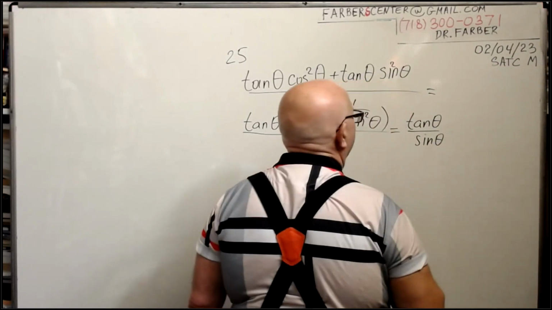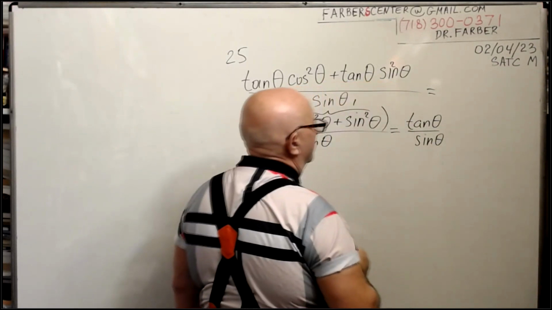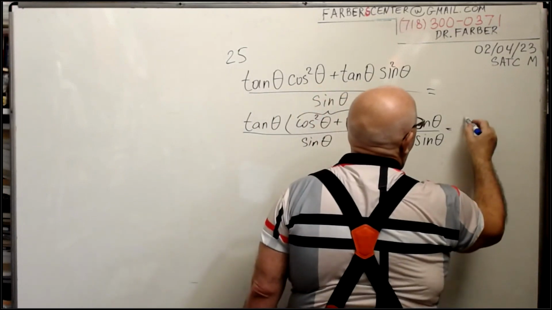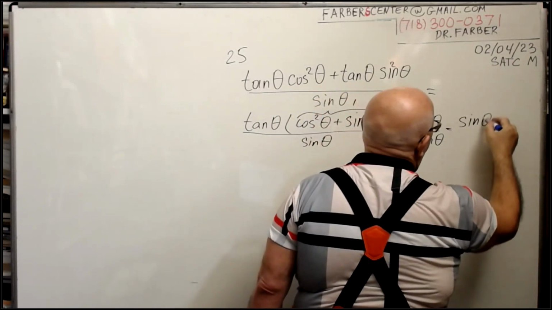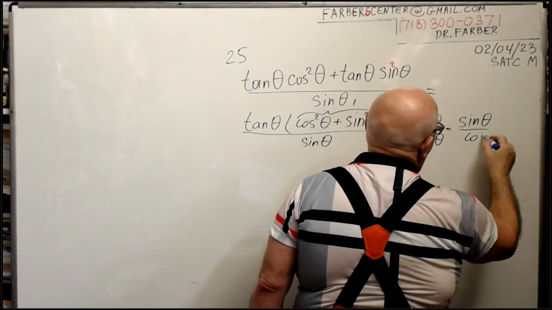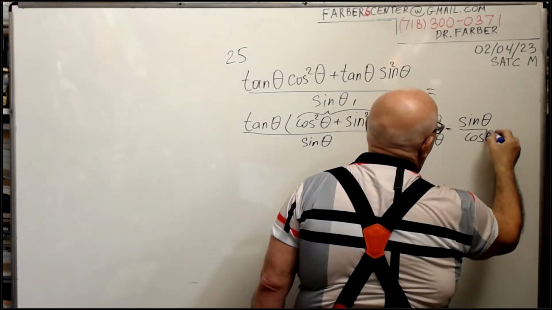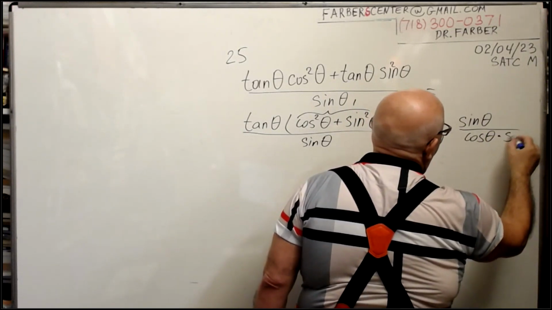But remember at the beginning of the lecture, tan of theta equals sine of theta divided by cosine of theta, and divided by sine of theta.